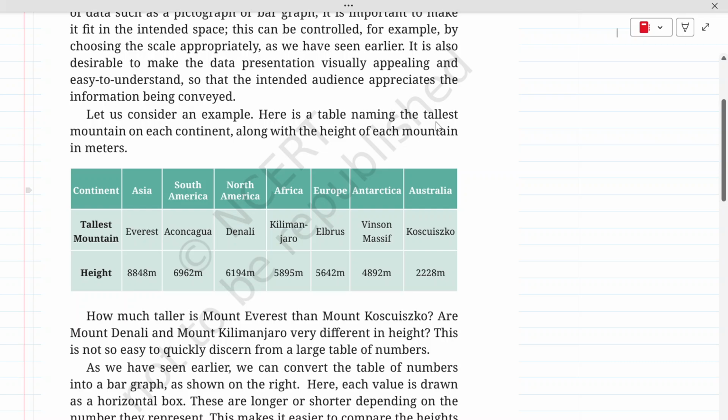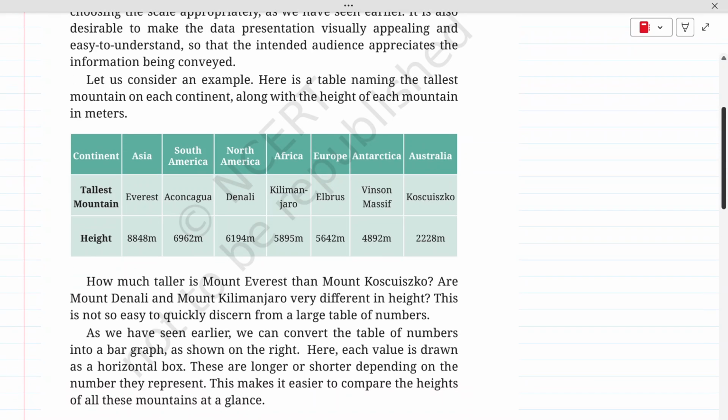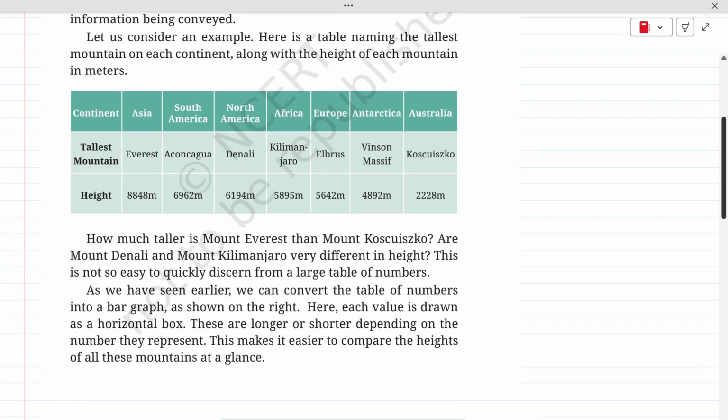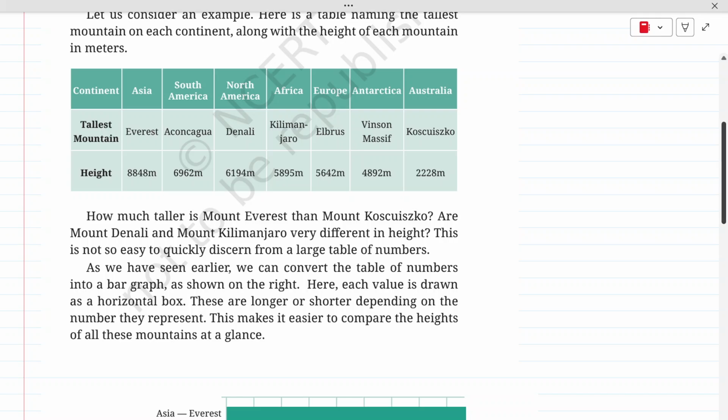Now, let us consider the example. Here is the table naming the tallest mountain on each continent. So here we have the names of the continents and the tallest mountains with their heights. Now, how much taller is Mount Everest than Mount Kosciuszko? Are Mount Denali and Mount Kilimanjaro very different in height? This is not so easy to quickly discern from the large table of numbers.